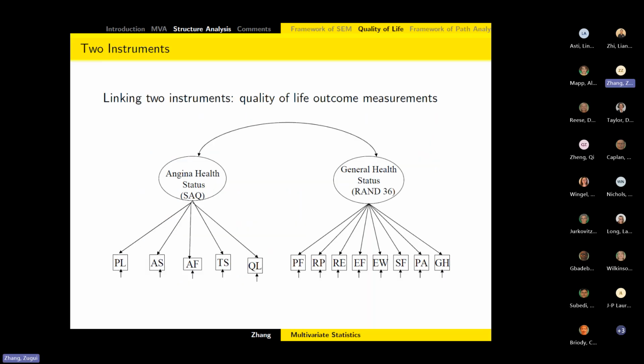And then we can combine these 2 instruments together to measure the quality of life. So we have angina health status as the outcome, and the RAND statistics for general health status as the outcome. And also we have many independent variables. So we would like to use multivariate analysis to capture the quality of life.